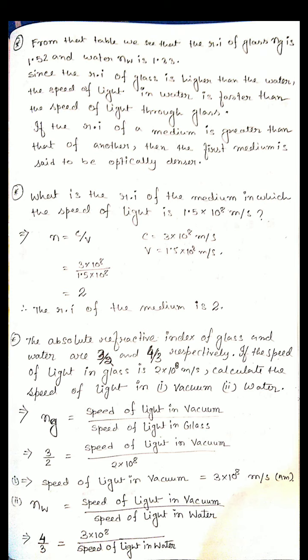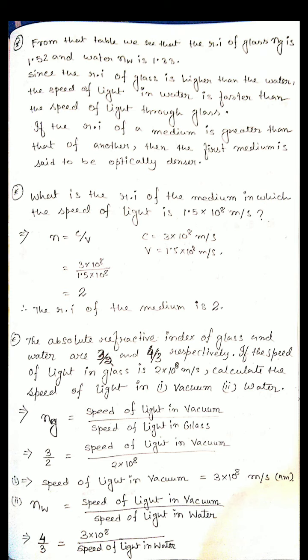If we write down the definition of refractive index for glass, we can write speed of light in vacuum or air divided by speed of light in glass, because the speed of light in vacuum is constant for every medium. Just the one below changes, either it will be glass or water or wood, that is V. C is constant. Now if we put the value of speed of light in glass, then we get the speed of light in vacuum as 3 into 10 to the power 8 meter per second. You know this, and here mathematically also we find the value.